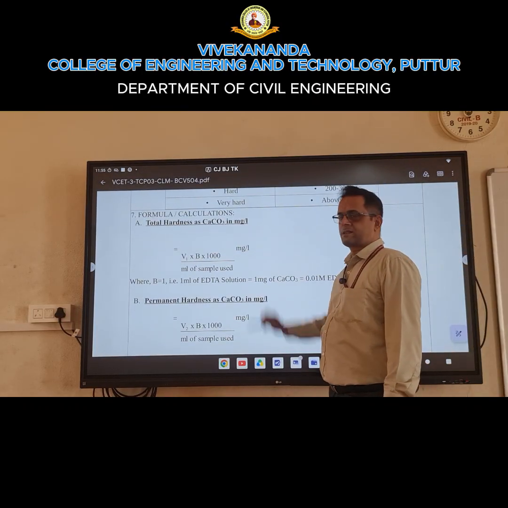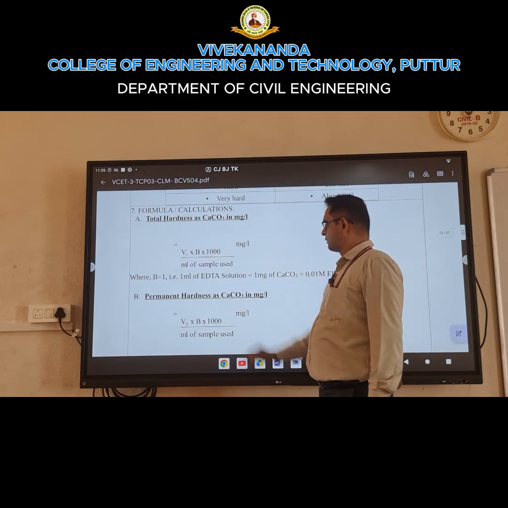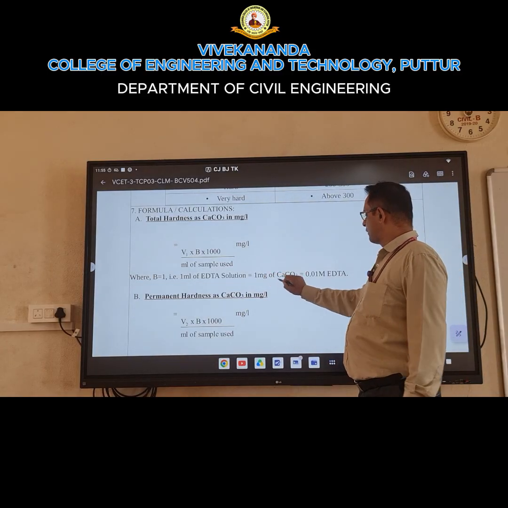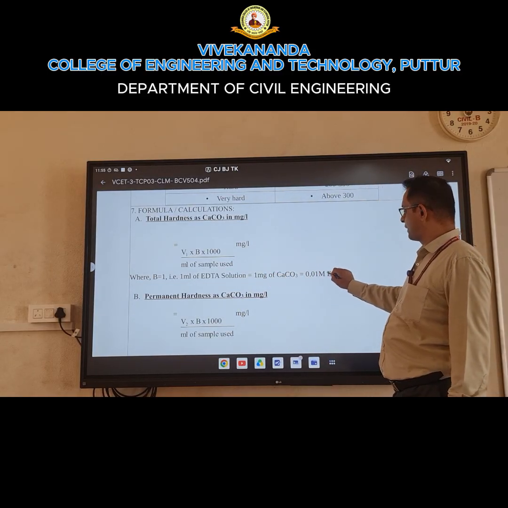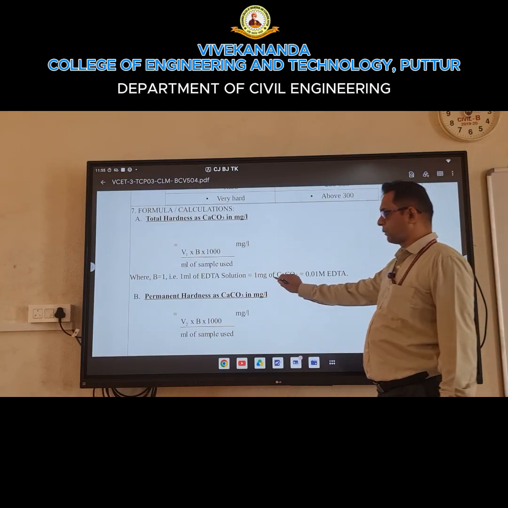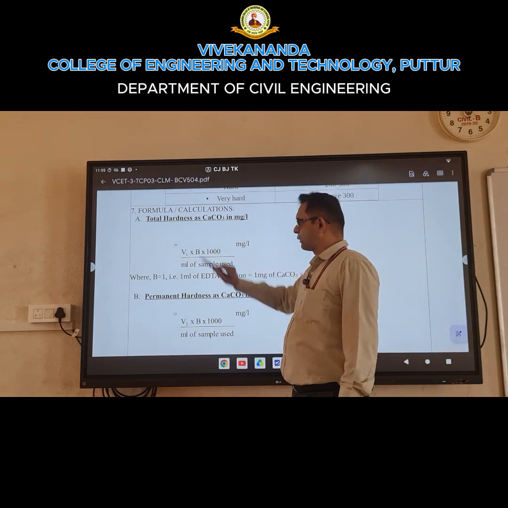So total hardness, the value is V1. The B is equal to 1 because I have taken 0.01 molar EDTA. Right, 1 ml of EDTA solution is equal to 1 milligram of CaCO3. Therefore, this B is equal to 1.